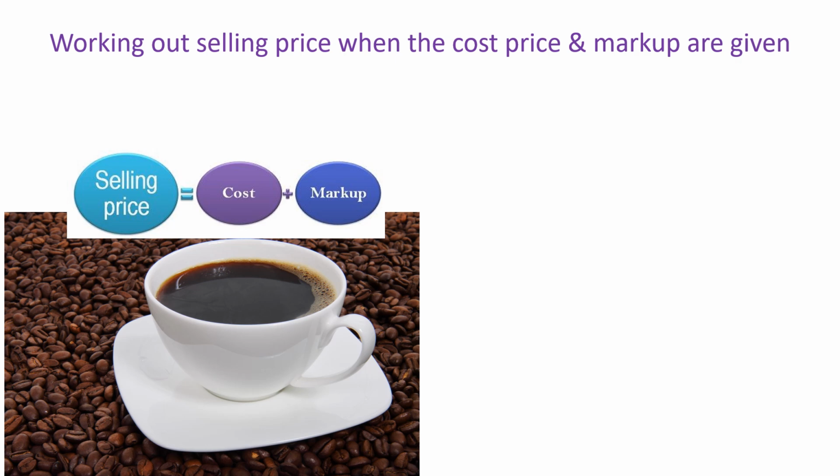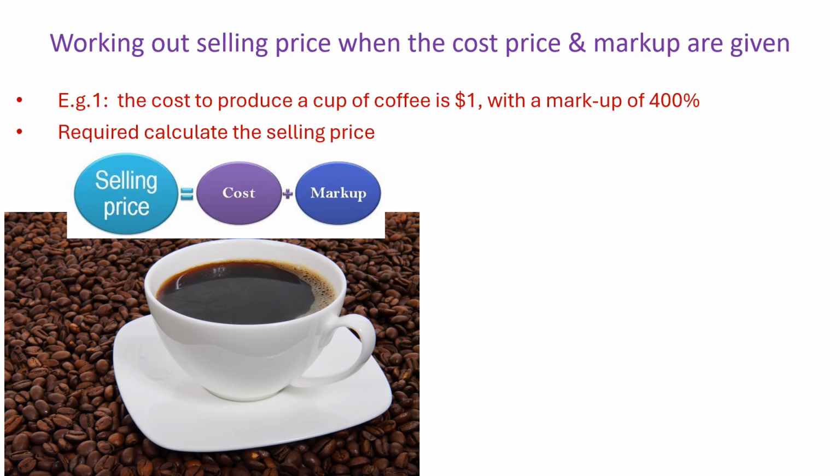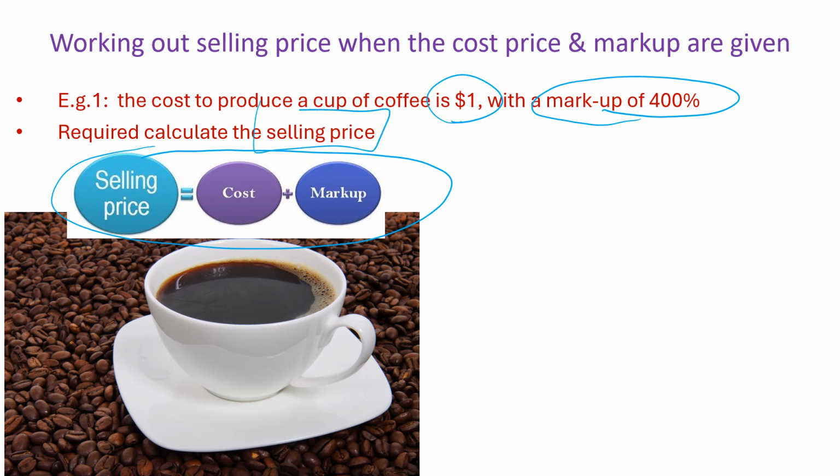Now, there are a variety of ways that you can use to calculate the selling price when you're given the cost price and the markup. Here's my approach. So we've got a cost price here of $1. We've got our markup as a percentage. We need to use our formula here to work out our selling price. So our cost price here is $1.